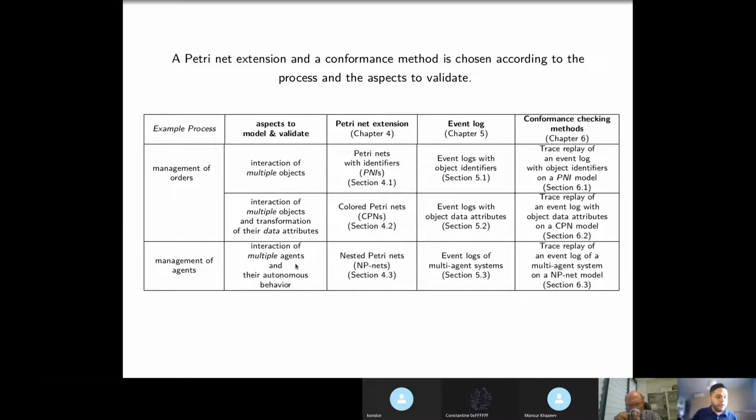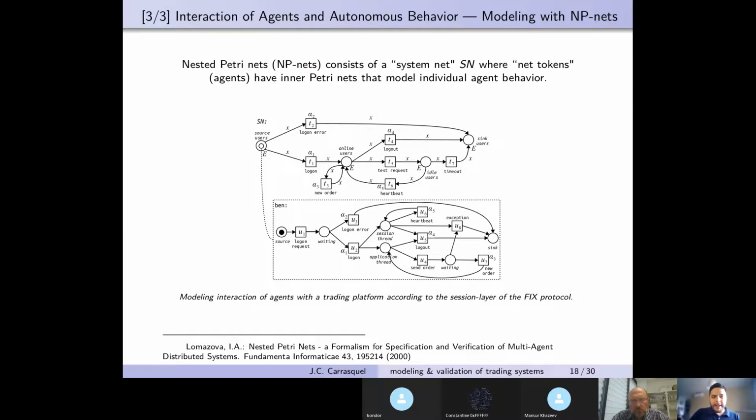Now, what happens when we do not want to focus on the attributes of the object, but we want to focus on its autonomous behavior and its interaction also with the system? In this particular case, we will resort to the idea of nested Petri-nets. What are nested Petri-nets?